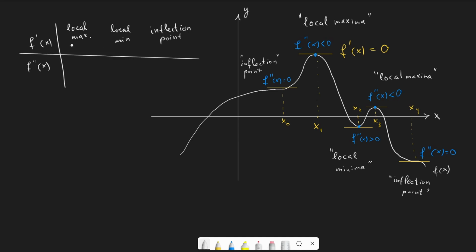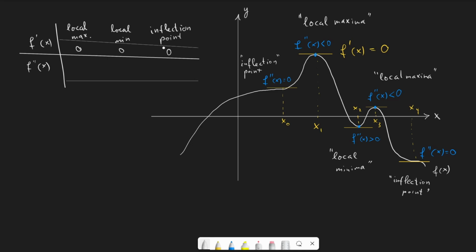Here we have this table where we will summarize the properties of the second and first derivatives. We saw that all the first derivatives were zeros at the points, but the second derivatives were different.